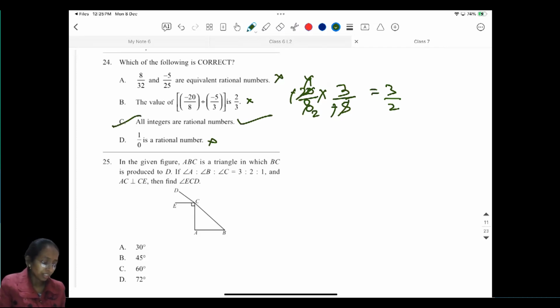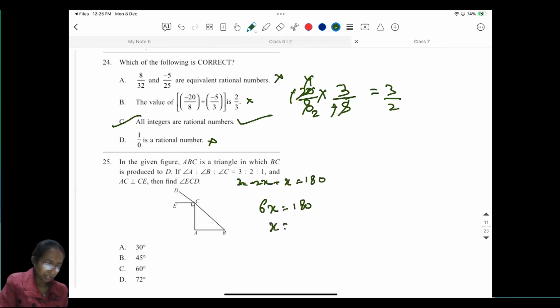In the given figure, ABC is a triangle in which the side BC is produced to D and angles A, B, C are in the ratio 3:2:1. That means angle A is 3x, B is 2x, and C is x, and their sum is equal to 180 degrees. So 6x is equal to 180 degrees.